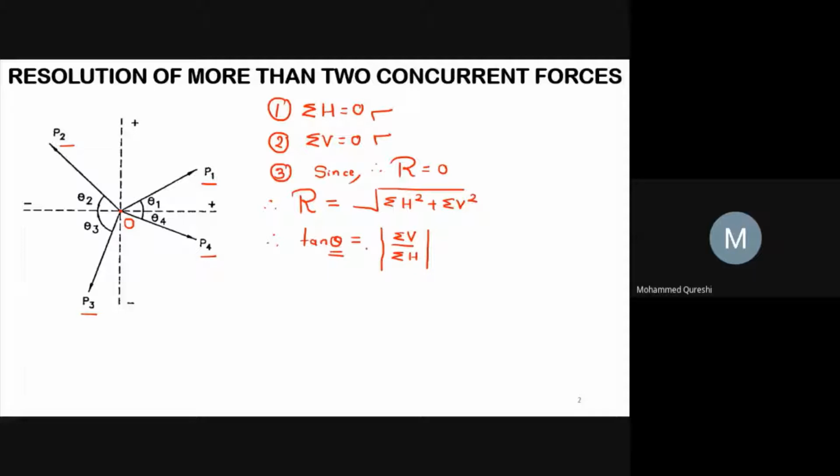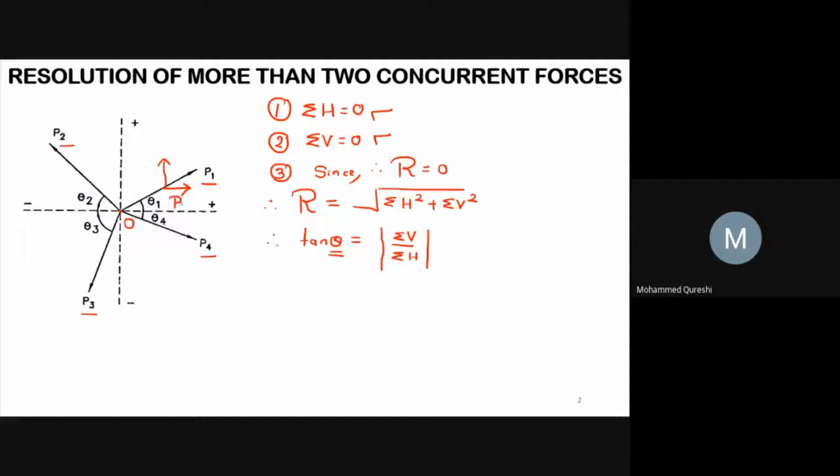Now, I will explain one more thing: there are two components of any force. Suppose here we have one force P1. So P1 has two components, one horizontal component and the second vertical component. So here, what will be your horizontal component?